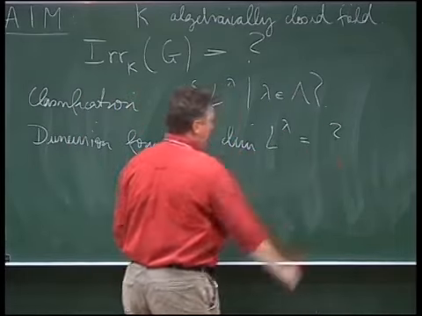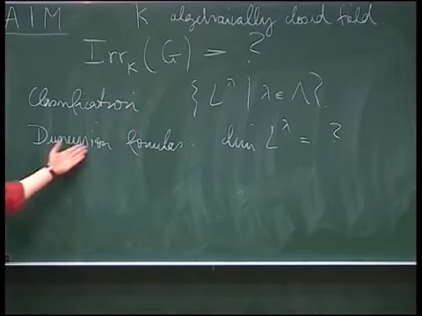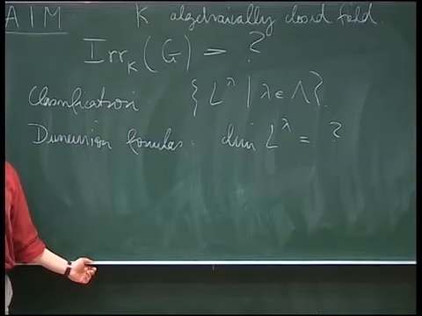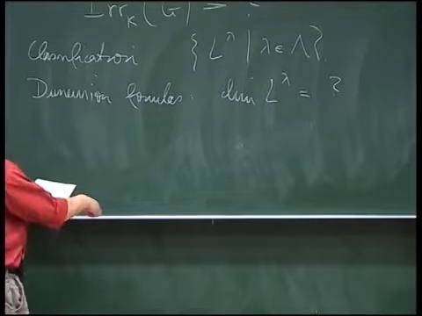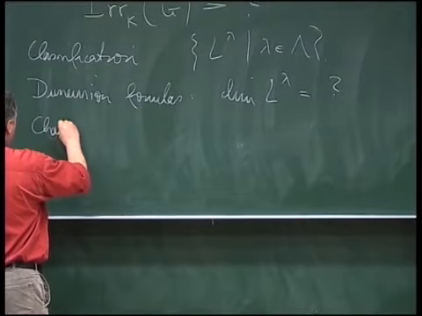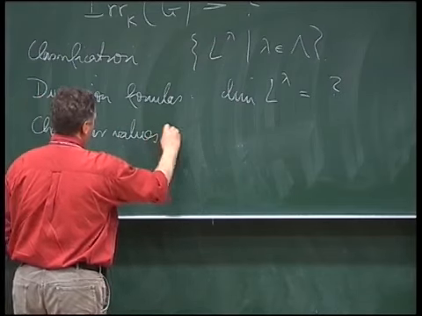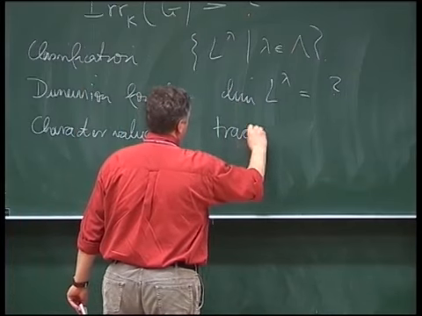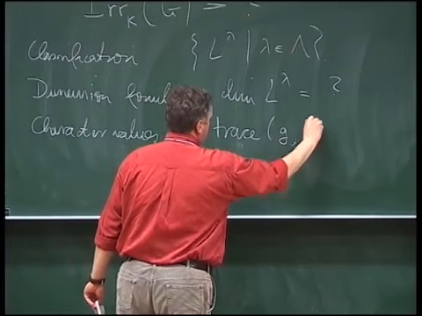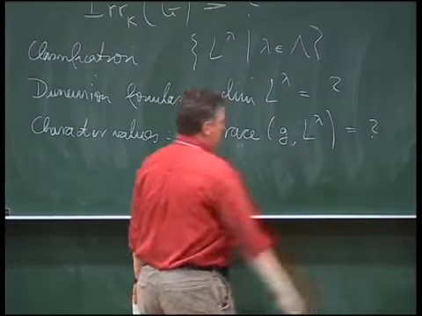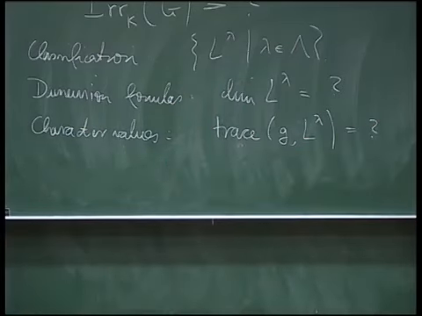And of course you can ask more refined questions about character values and such things. You want to be able to compute such traces for arbitrary elements in your finite group.